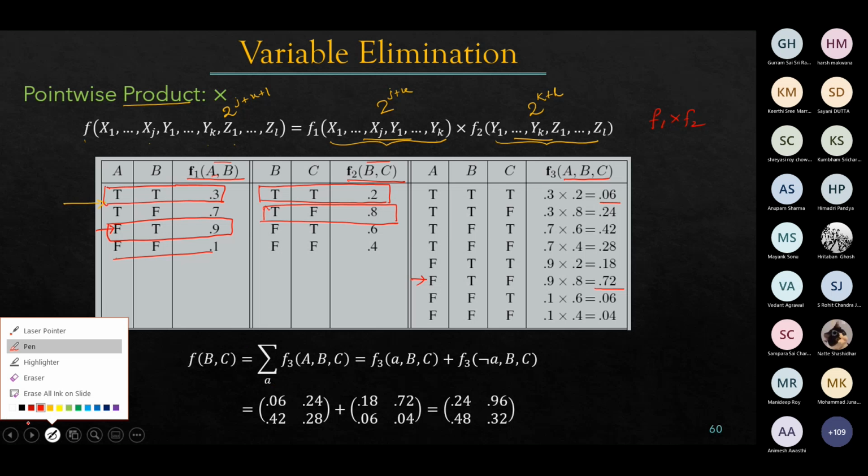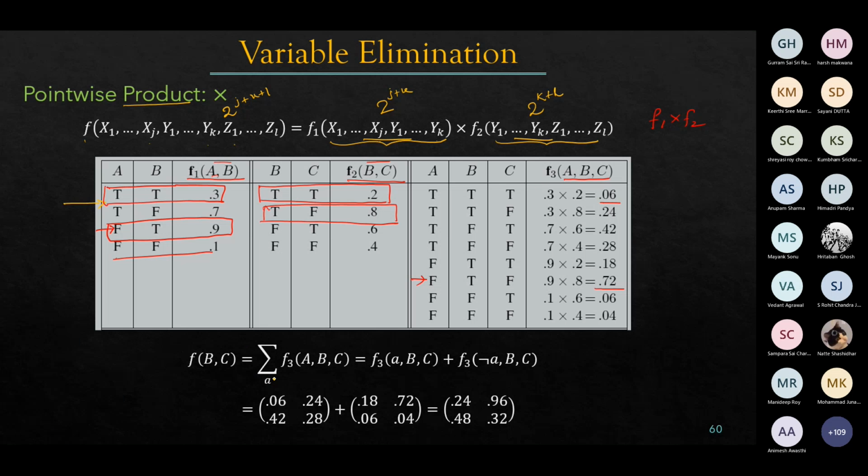Now we'll be summing out on A. So let's say we are doing the sum out operation on A, and what will that get us? It will eliminate A. For that, we'll be replacing A with positive A and A with negative A, and we'll be adding these two factors. Now, let us try to find the corresponding values.